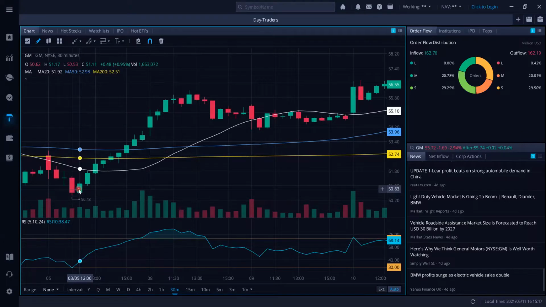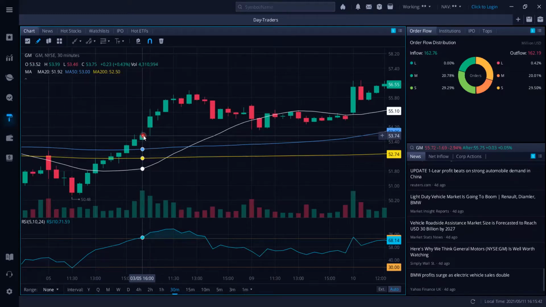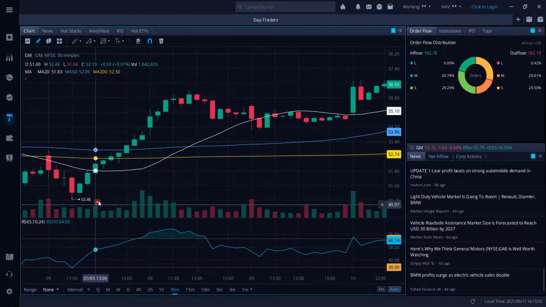Maybe you got in at noon, and if you didn't want to hold until the next day, you got out about right here. It ran up a solid percentage, about 10% right here. I mean, about 6% right here. If you held it until the next day, you got a little bit of this too, but that's what we're looking at.